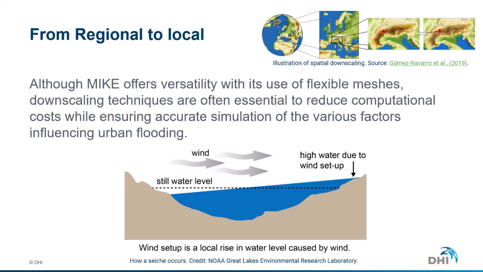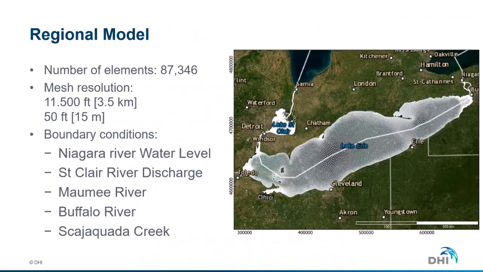For example, here in Lake Erie, as Duncan mentioned before, we have the seiche driven mainly by wind, and of course it will be difficult to simulate this phenomenon just considering a local model. So we need to consider a regional model, and that is what we did.